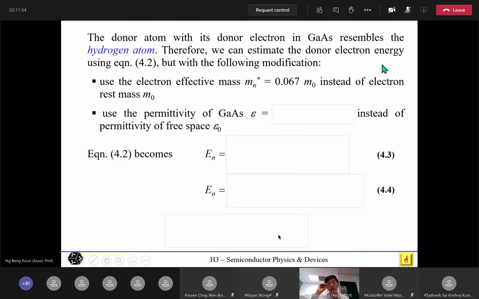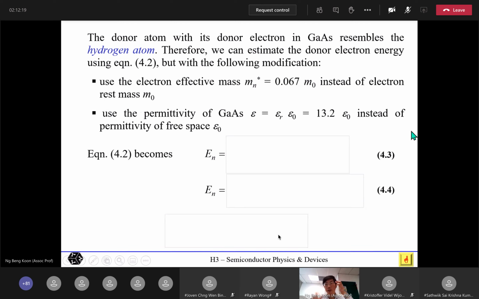The effective mass is a quantity you can find in textbooks and reference material. You find the effective mass of an electron in gallium arsenide is 0.067 of the rest mass. That's the quantity we should be using. And the permittivity of gallium arsenide is 13.2 times the permittivity of free space.